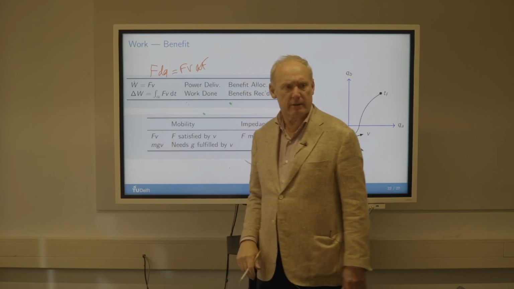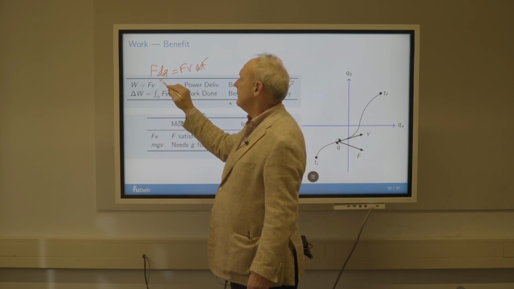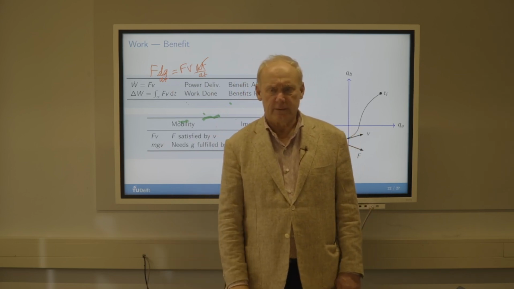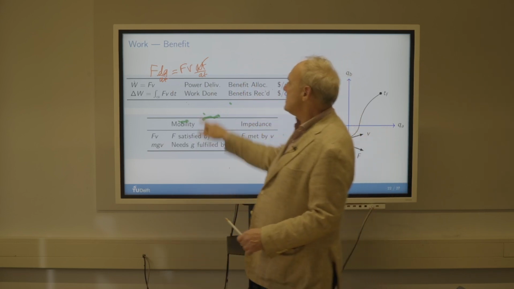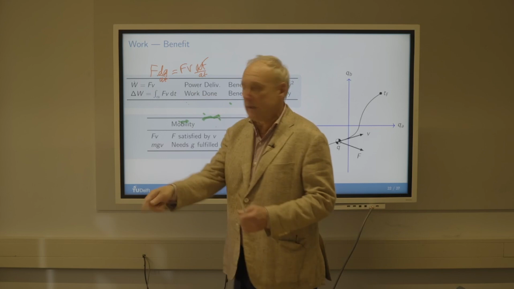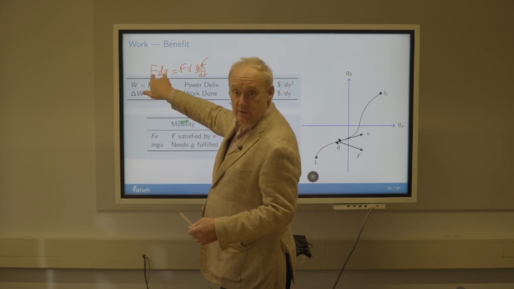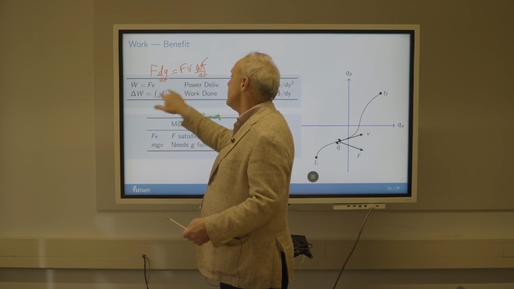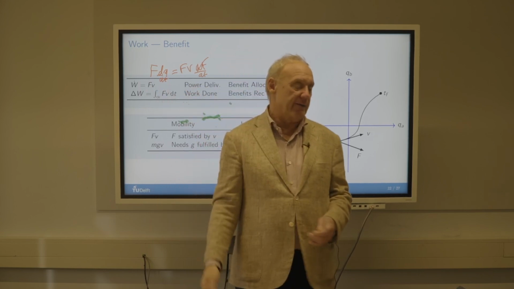Or divided by the dt. So we would say that's an amount of work. This is an amount of work that was delivered, was done. And if you divide by dt, we would say it's the power that is delivered.